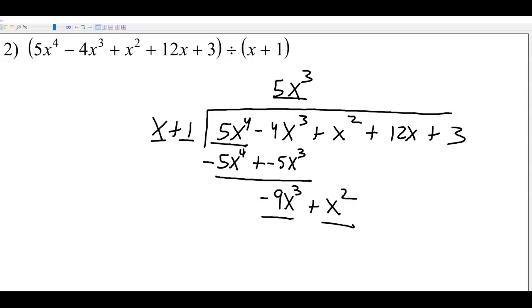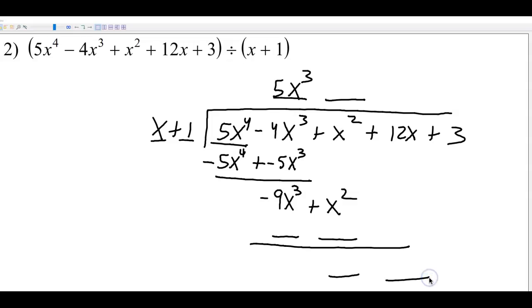So you guys need to find out what goes here, and then you need to figure out what goes here, here, and then here and here. So you have 1, 2, 3, 4, 5 blanks to fill in there.